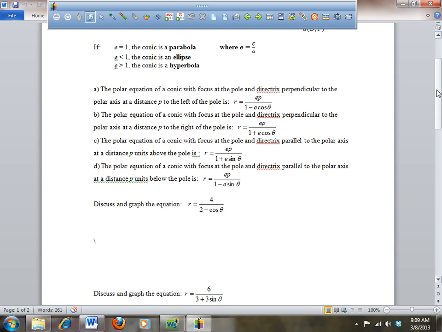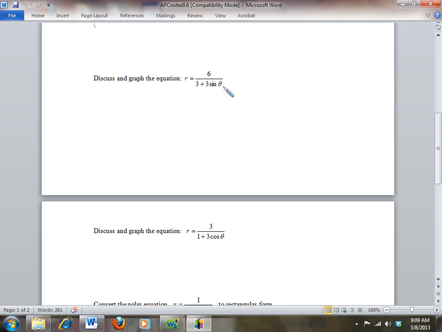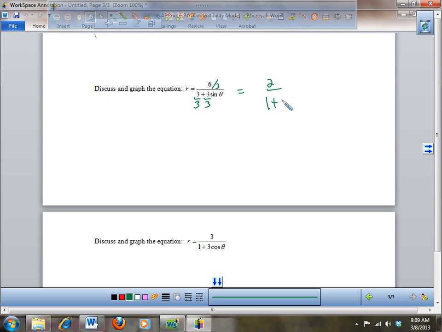Okay. So the next one we're going to look at is this. Let's discuss the graph real quick. First thing I'm going to do is divide everything by what? 3. Divide this by 3, divide this by 3, divide this by 3. Okay? And I get 2/1 plus sine theta, right? And E is equal to 1, which means it's a parabola.